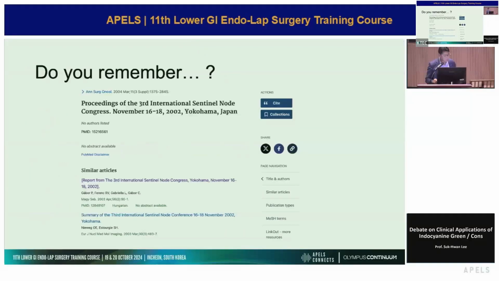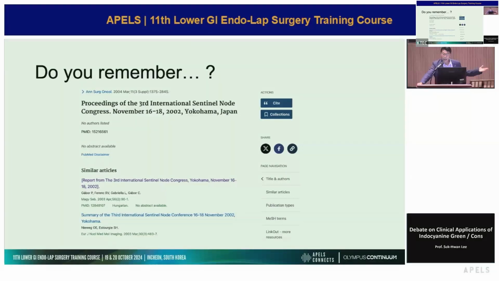So actually, ICG lymphangiography was introduced recently. I just remember, in 2002 in Yokohama, there was a meeting, the third International Sentinel Node Congress.